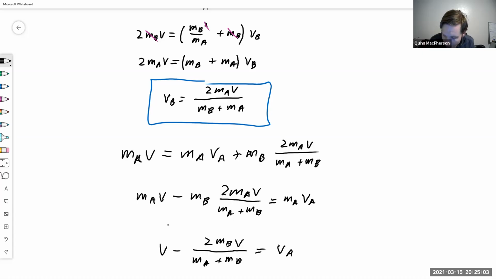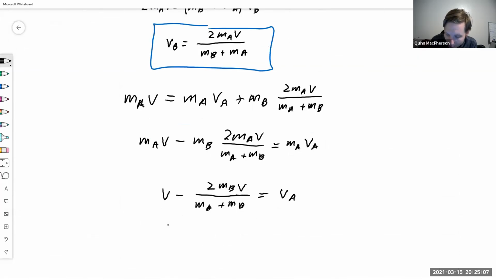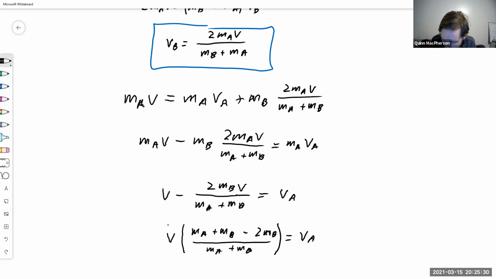I can actually simplify that a little bit more. I can combine my denominators, so I pull out a V, and I get V times MA plus MB minus 2 MB over MA plus MB equals VA.